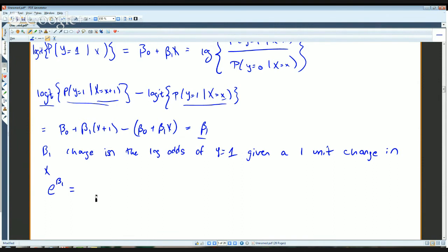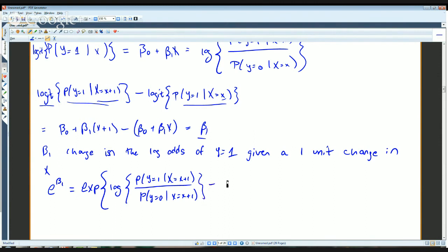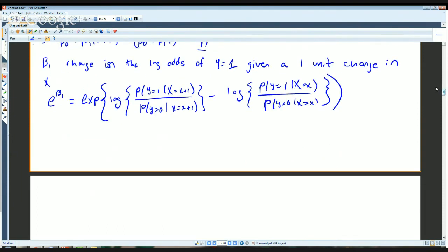So e to the beta 1 is e to the log of the probability y equals 1 given x equals little x plus 1 over the probability y equals 0 given x equals little x plus 1, minus the log of the probability y equals 1 given x equals little x over the probability y equals 0 given x equals little x. That's what e to the beta 1 is.